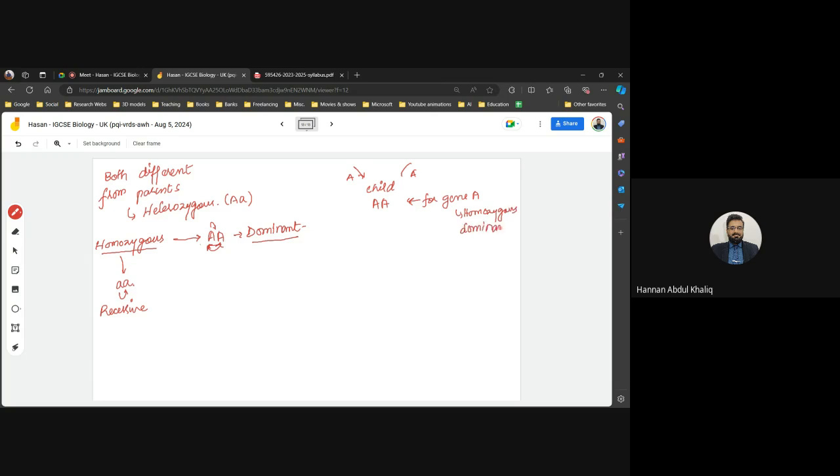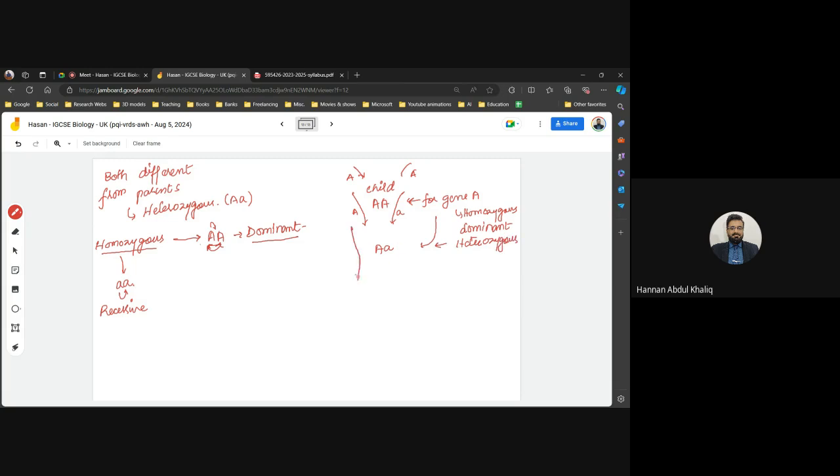If the child gets one capital A and one small a, then the genotype for gene A is heterozygous.